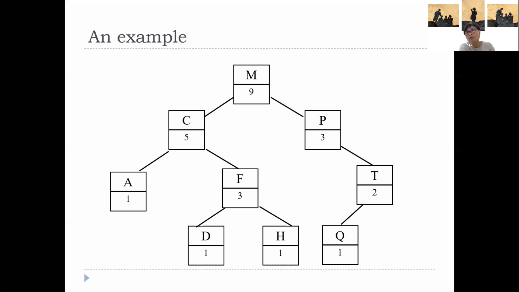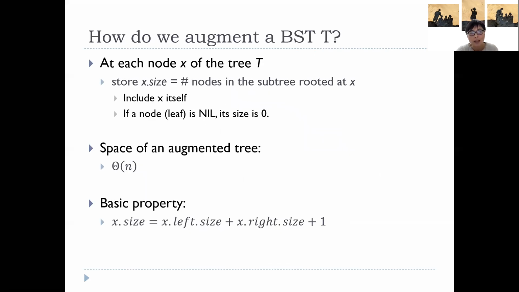If I give you a binary search tree, how do you also add the size information? Note that the size information doesn't change the space complexity of the tree because I only add a constant amount of extra memory to each node. So in total, the space of this binary search tree is still only linear space.